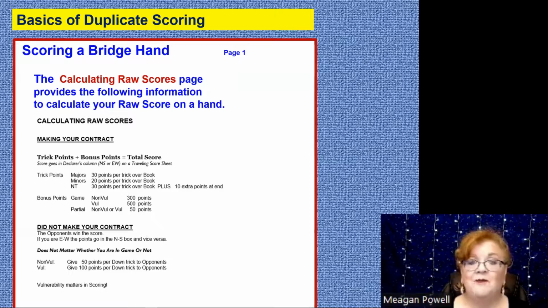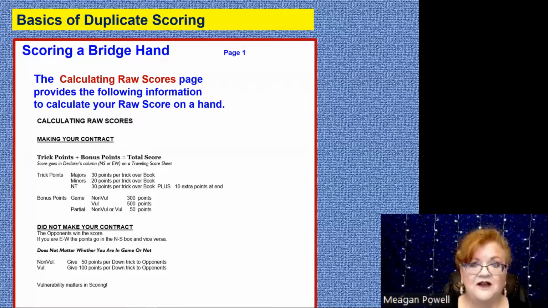The top is talking about making your contract. And if it's not annotated for you, it should be annotated from declarer's perspective. We only care how declarer does on this hand. Everybody else will take care of themselves as we sort out declarer's outcome. So when it says making your contract, it's talking about declarer making the contract that they bid. They earned the right to play.